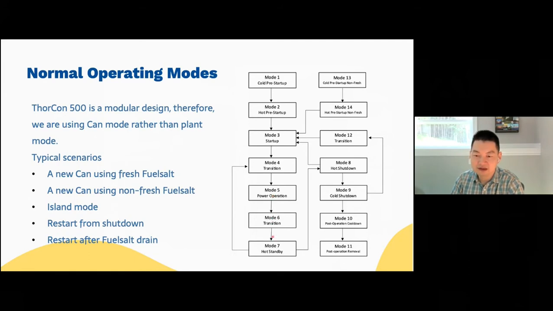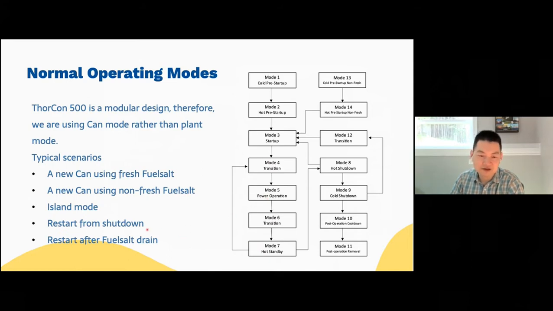So then you go into the hot standby mode, which is 7, which allows you to stay there for a very long time. And whenever you have a new demand of electricity, you can immediately go back to ramp up the power. So you can see the circle here, which allows you to go to standby and back to power operation.